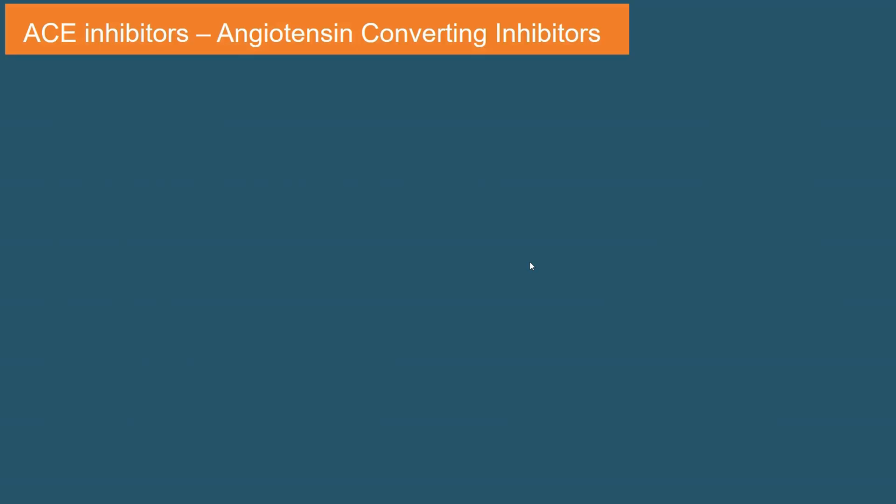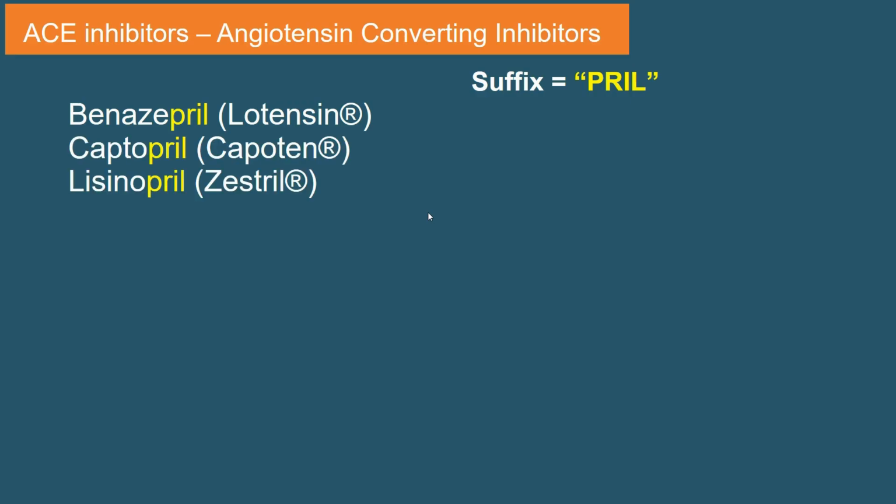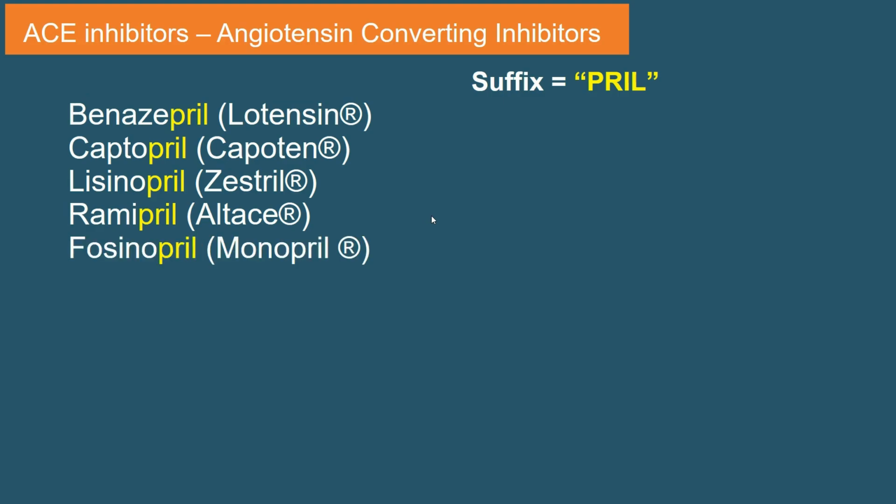ACE inhibitors, short for angiotensin converting enzyme inhibitors, all end with the suffix pril, such as benazepril, brand Lotensin, captopril, lisinopril, brand Zestril, ramipril, brand Altace, and fosinopril, brand Monopril.